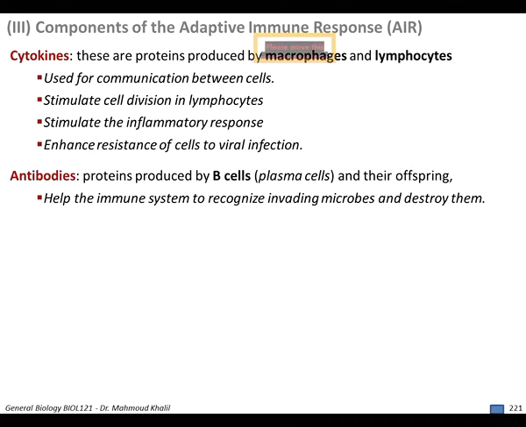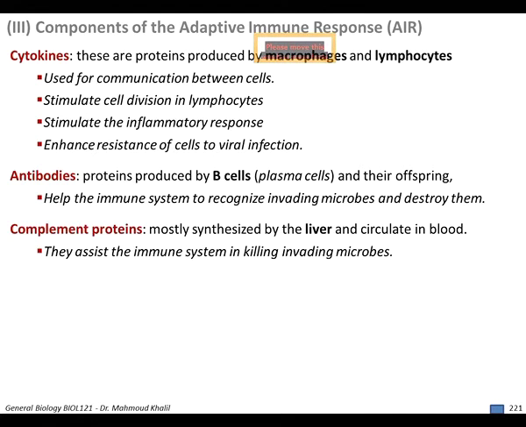Antibody is produced exclusively by a differentiated form of B cells called plasma cells and their offspring. These antibodies help the immune system to recognize the invading microbes and destroy them.